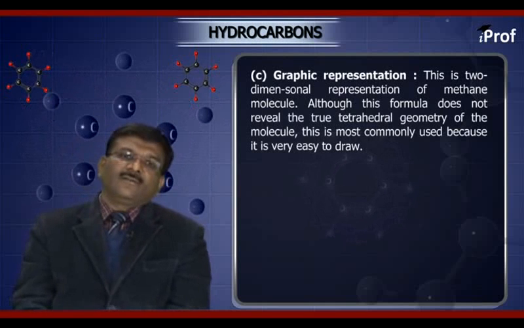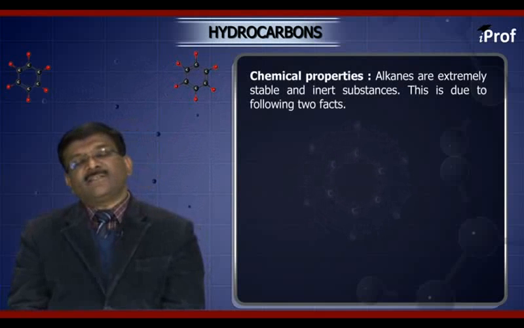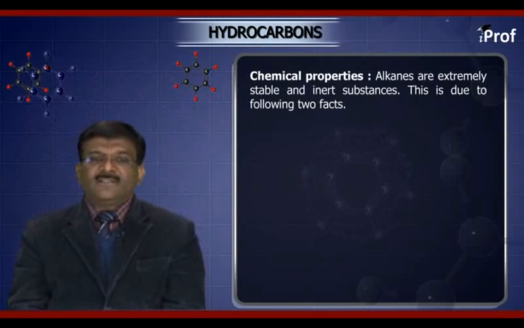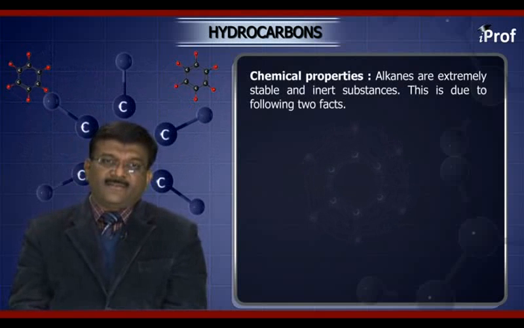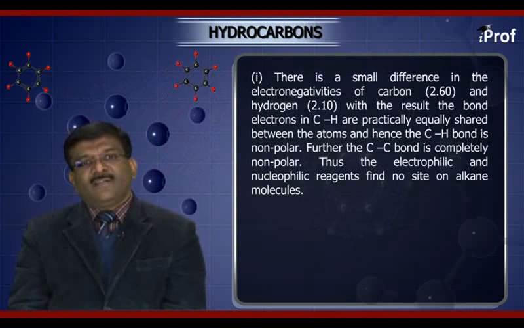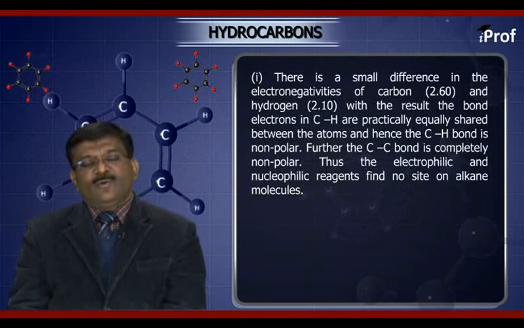Next, the chemical properties of alkanes. Alkanes are extremely stable and inert substances, and this is due to the following facts. A. There is a small difference in electronegativities of carbon and hydrogen, which is 2.60 and 2.10 respectively.